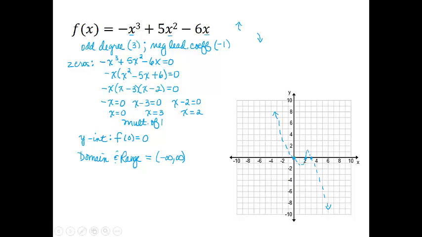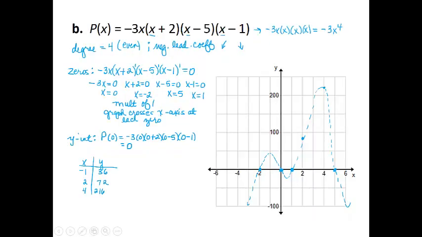That just reminds me, I forgot to do the domain and range of the previous problem. The domain is all real numbers. The range, we would actually need to find out what the relative extrema is so that we know what the maximum point is.